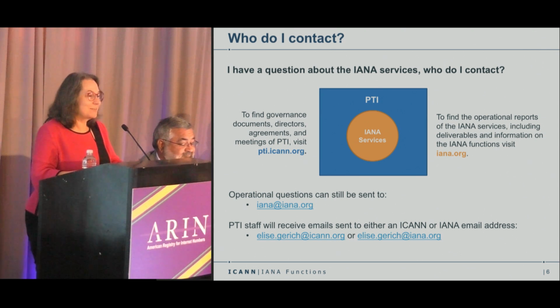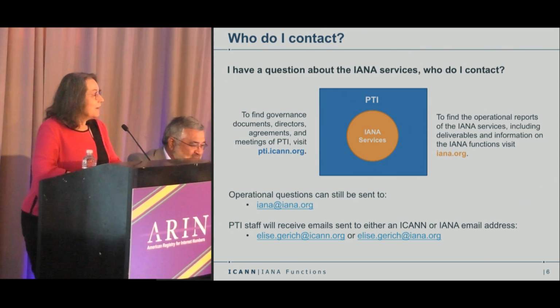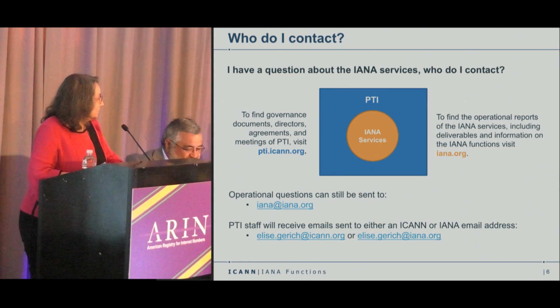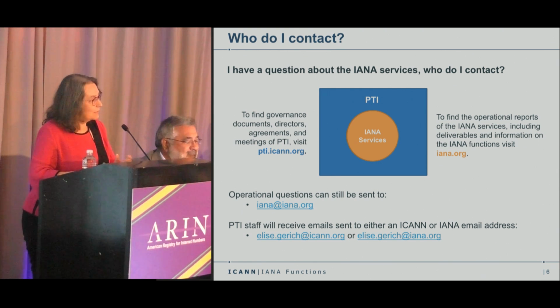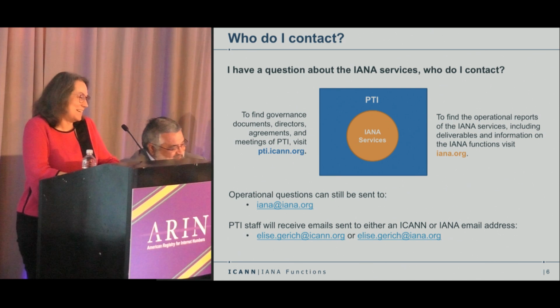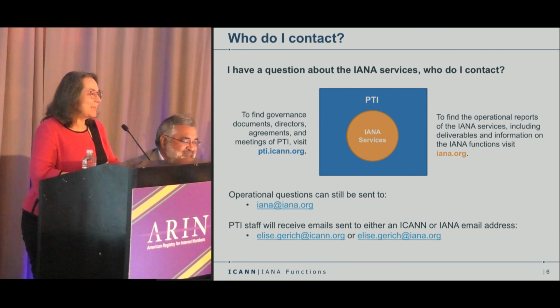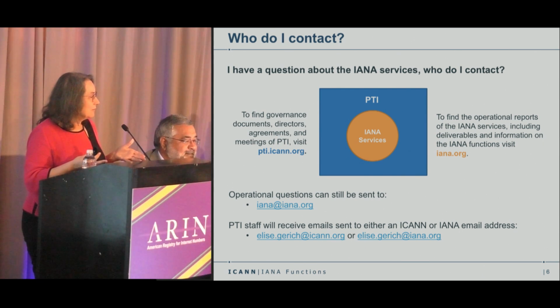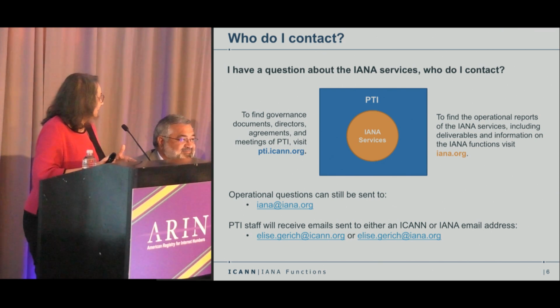A lot of folks have asked, so why didn't you get pti.org or pti.net or pti.com or pti.earth? We actually looked into that, and they were all taken. We came up with a long list, about 30 different names we thought we could call PTI instead of PTI, and most people vetoed them. It's like, if you've tried to name a baby, you know how it's hard to get to a single name that everybody likes.